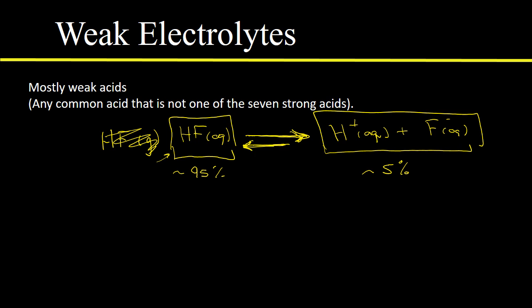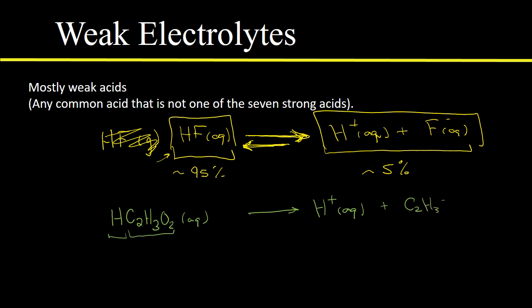Okay. Another example would be acetic acid. And how do you know acetic acid is a weak acid? Because it wasn't on the list of strong acids. It's just that simple. All right. So acetic acid, when you put it in water, it breaks apart and it gives you hydrogen ions, okay, and acetate ions. Okay. And just like in all the other cases, the acetate maintains its integrity, doesn't break apart into carbon, hydrogen, and oxygen.